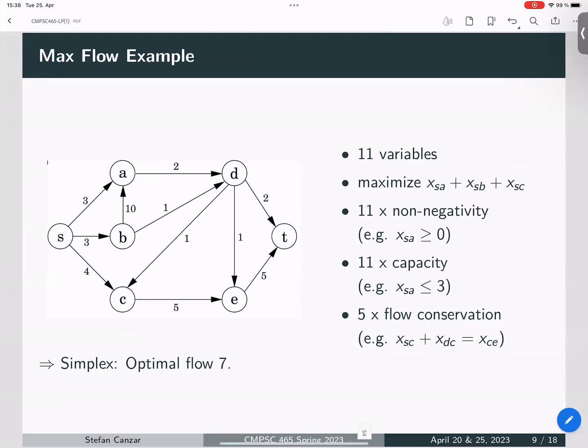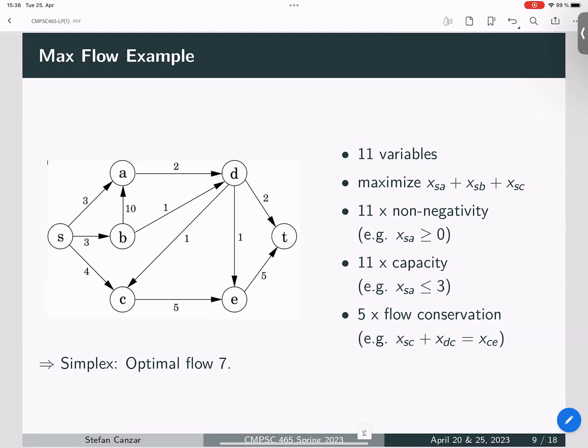So the question we will be asking now is, can we somehow prove that this flow is actually optimal? If you're given a flow of 7, is it optimal? Especially for max flow, we had such a thing. We had a very nice concept of duality between maximum flow and minimum capacity of cuts.